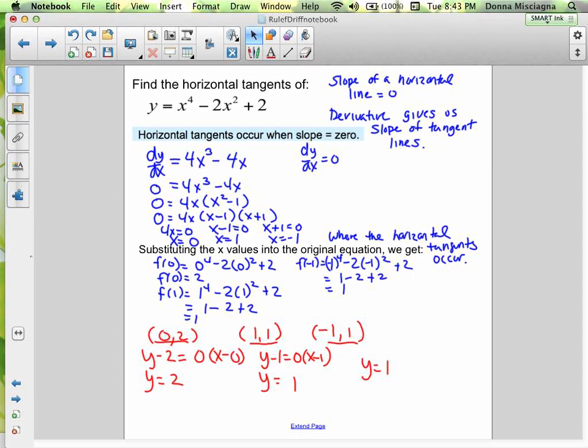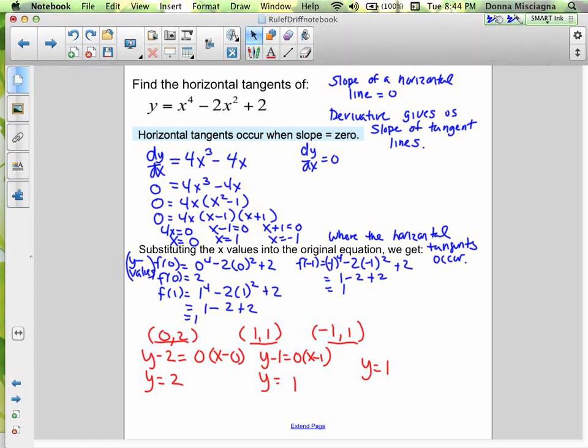That's half of where they occur. The other half are the y values, and those come from the original function. And then the slopes, that's your derivative.